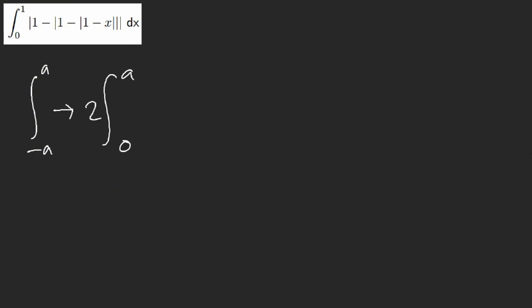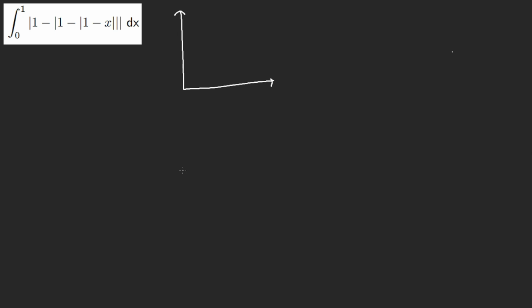In this case, we're already given 0 to 1. So what that means is we only have to worry about the positive side. The reason that's important to consider is because we don't have to draw this graph or worry about what's on the other side. Now, here's the best way if you're like me and bad at graphing.